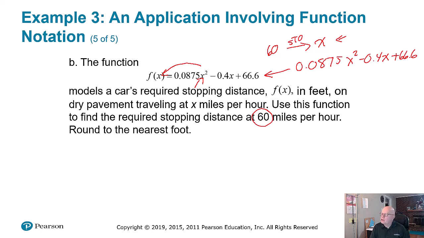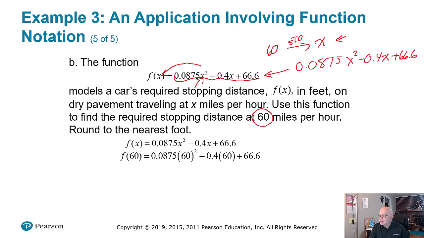Now with this function, you're going to get a more accurate estimate because you don't have to guess where the function is going on your picture. So there's your function. Put the 60 in where the x's were. And of course, I showed you how to do it a little bit easier with the calculator, but it's not necessary to use the calculator.